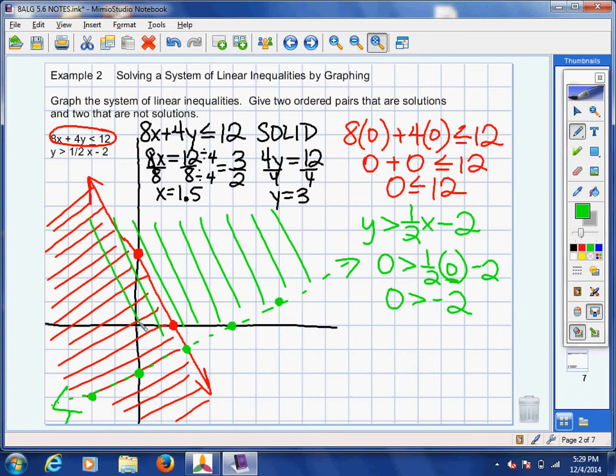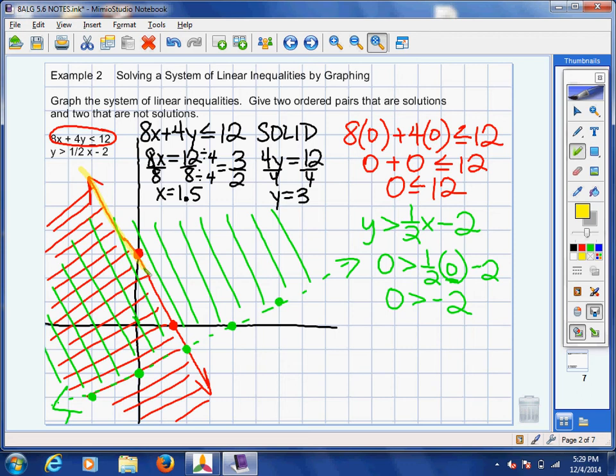Now, as soon as you see the green lines crisscrossing the red lines, that, my friends, is where all the answers are, okay? So I'm going to change colors again, actually, I'm going to go to a highlighter color, maybe yellow, because I want to show you the boundary, okay? Here's the boundary.